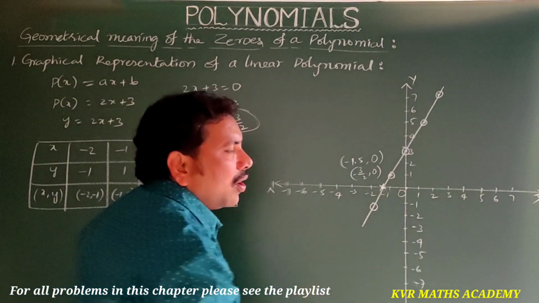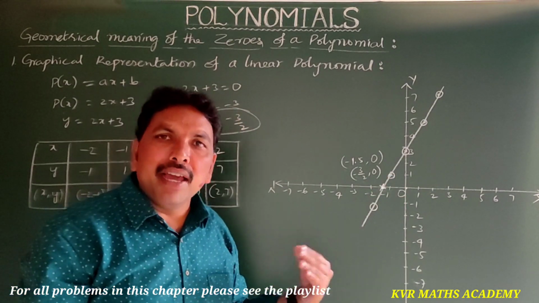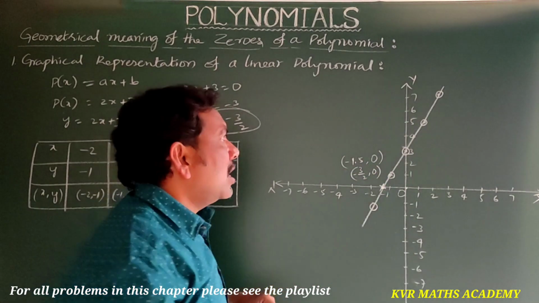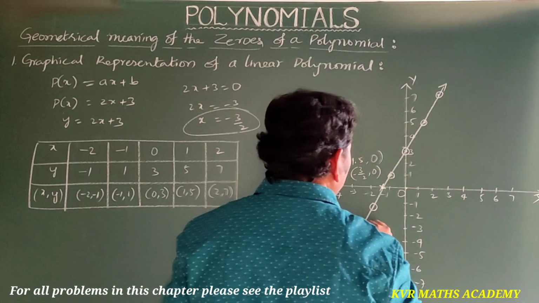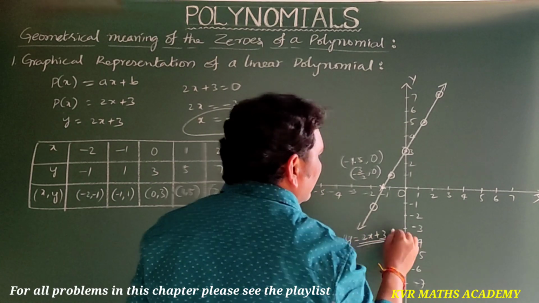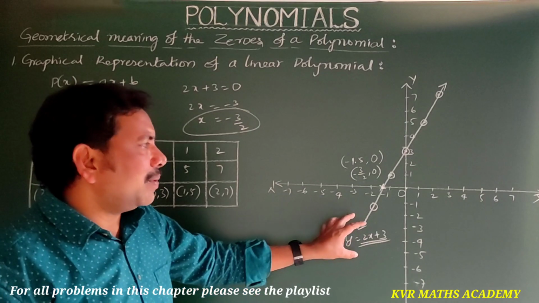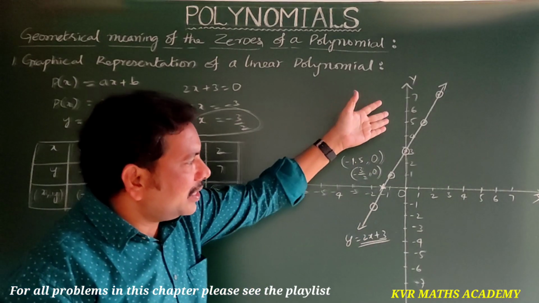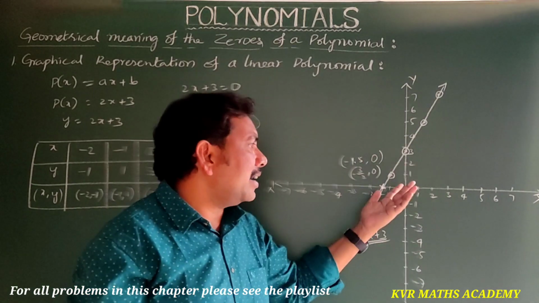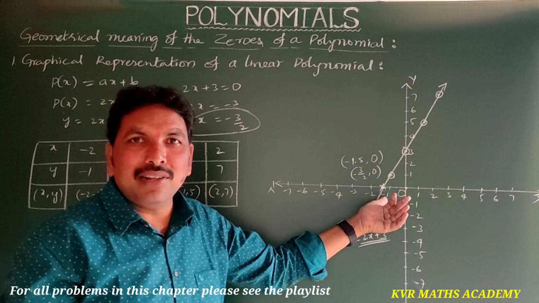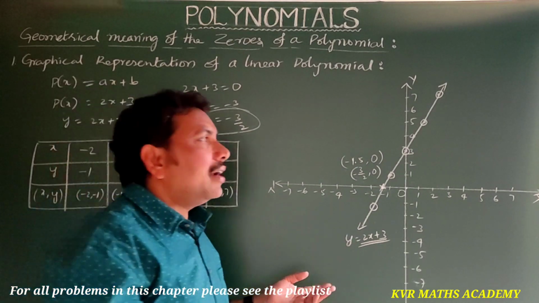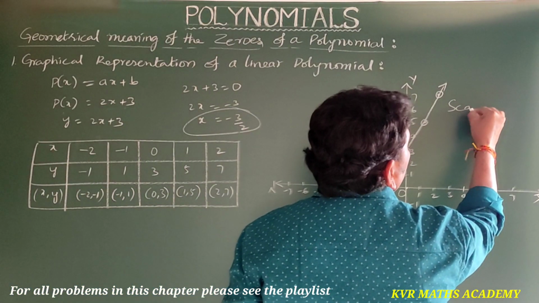A linear polynomial's graph will always be a straight line. So this is the graph of y is equal to 2x plus 3. This is the rough diagram. If you draw it on a graph sheet, you will get it correctly. On the graph sheet itself, you have to write the scale also.